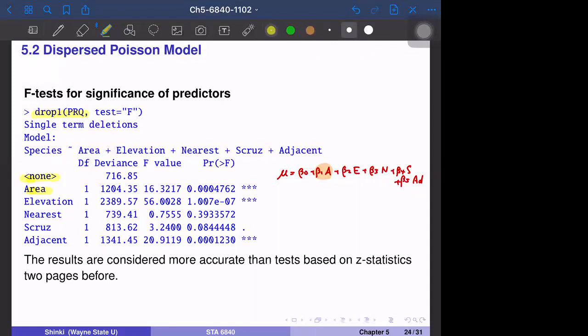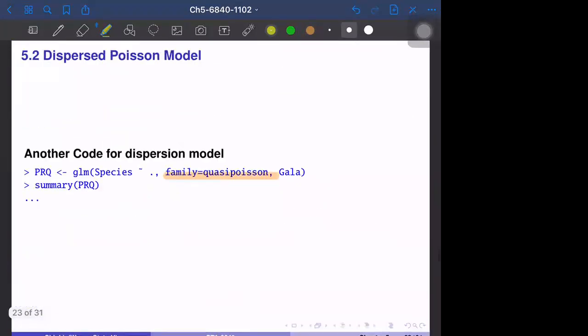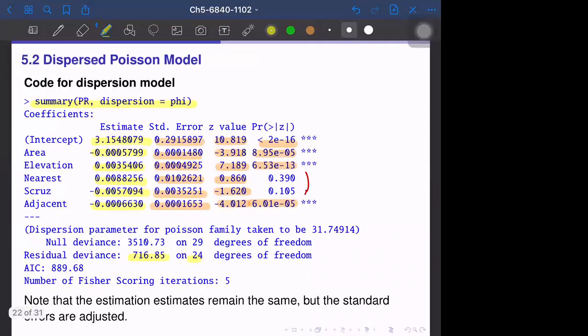And that test was done with this. So the p-value is 0.00047. So it's probably not much different from the previous one. Here, it was maybe slightly smaller, 10 to the power of minus 5.